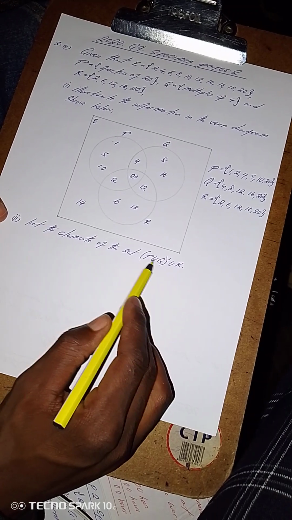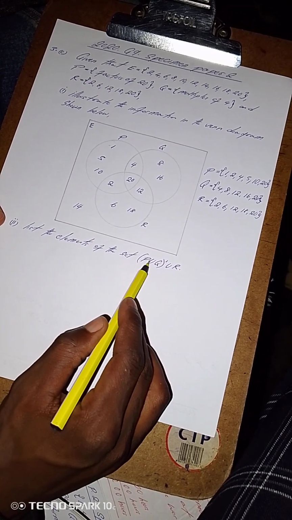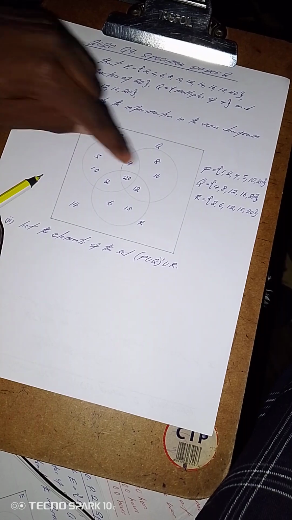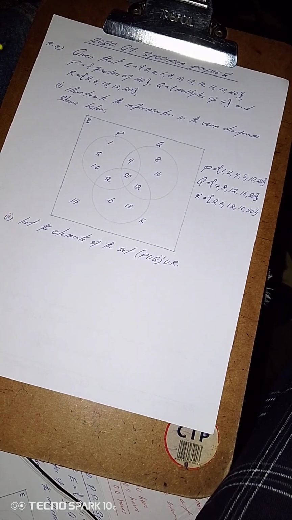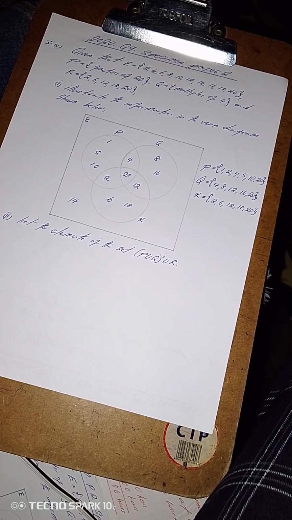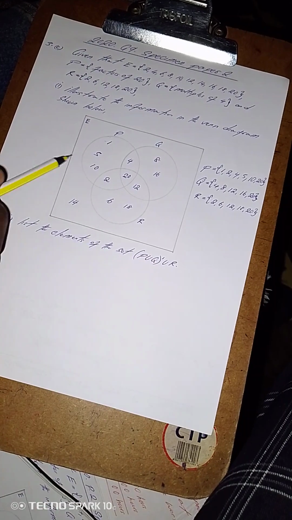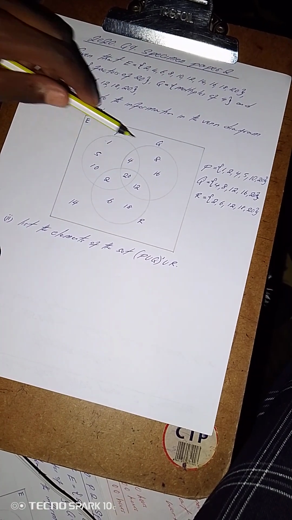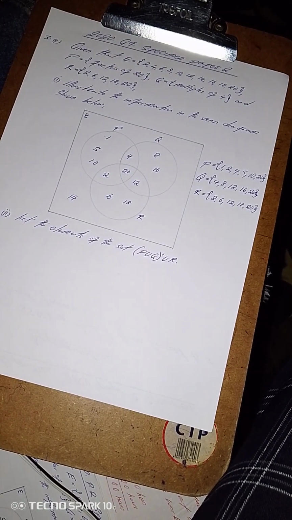They are saying that P union Q. Remember union is to put things together to come up with one set. So P union Q, you put together set P and set Q to come up with one set.